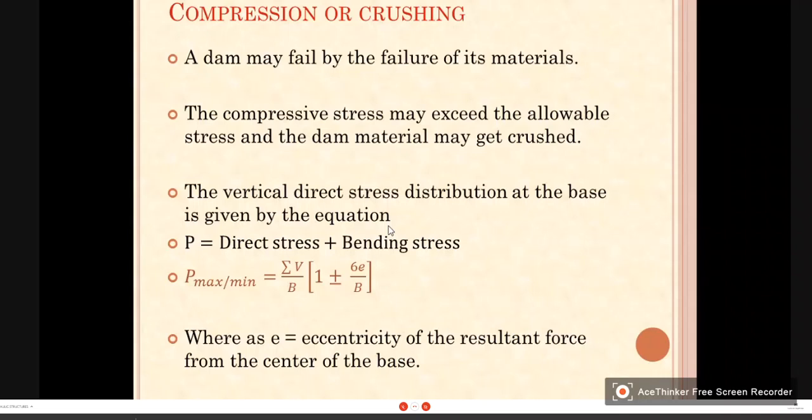Compression or crushing: a dam may fail by the failure of its material, and the compressive stress may exceed the allowed stress, and the dam material may get crushed.